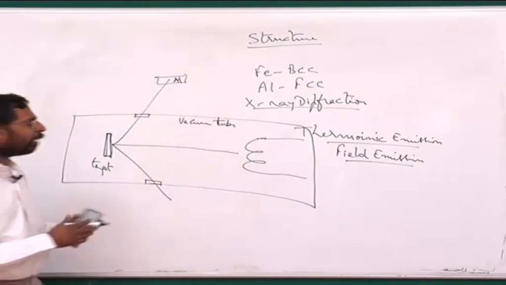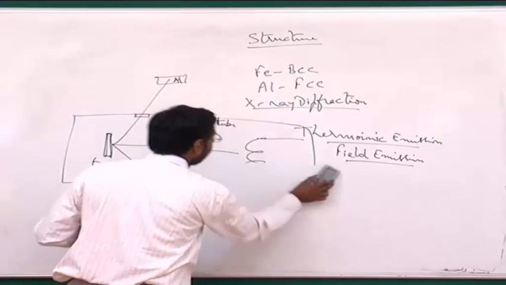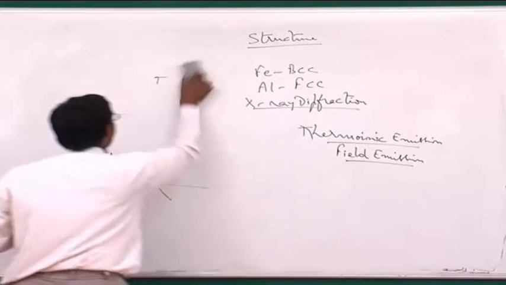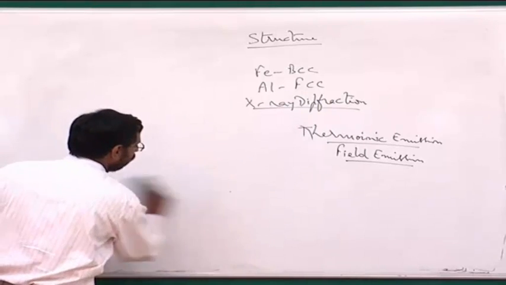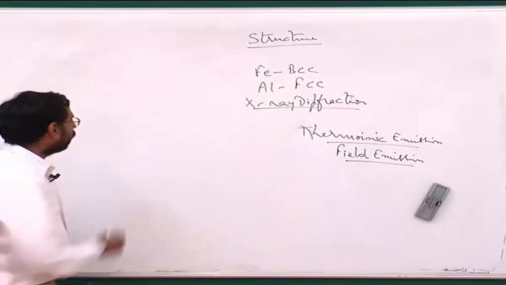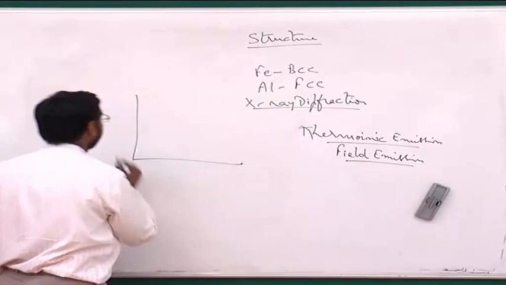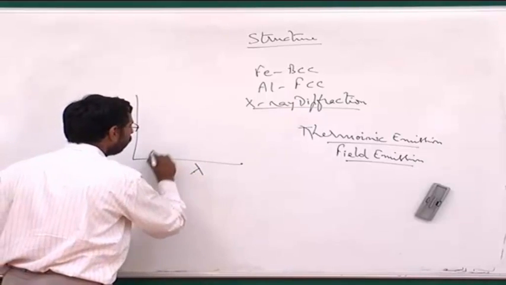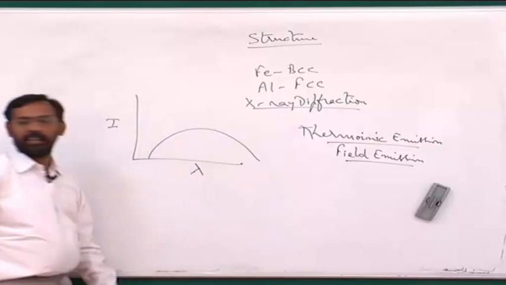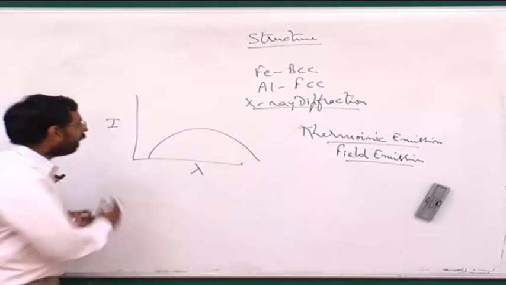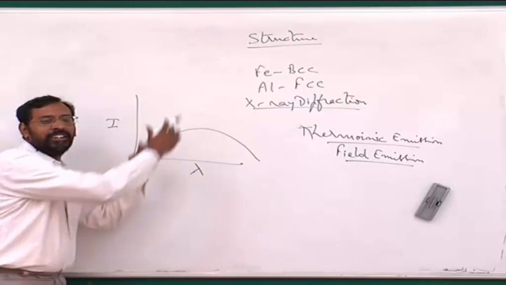And when the X-rays are being generated, we see that the X-rays coming out of this target have various wavelengths. And if I look at the intensity of the X-rays as a function of lambda, you usually see a spectrum like this. That means various wavelengths with various intensities.